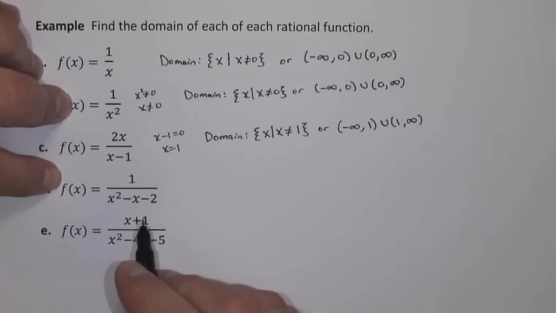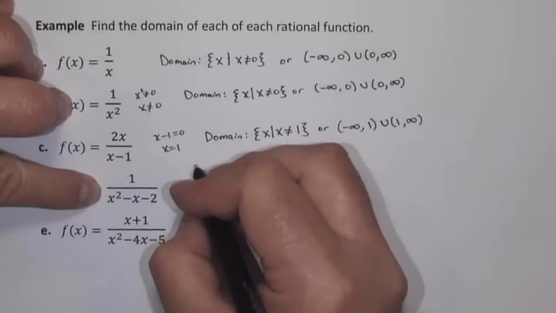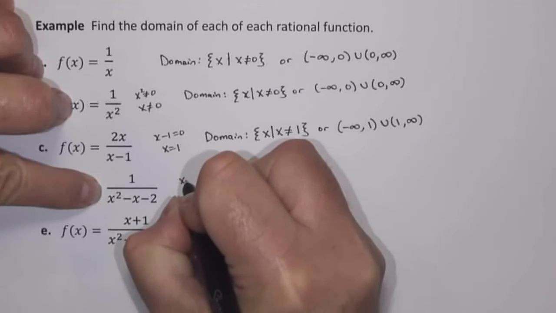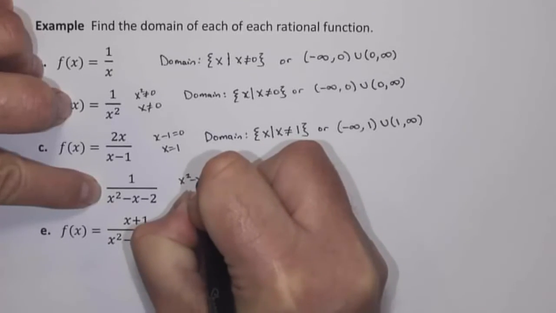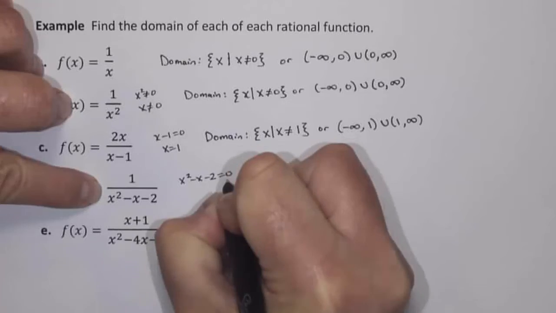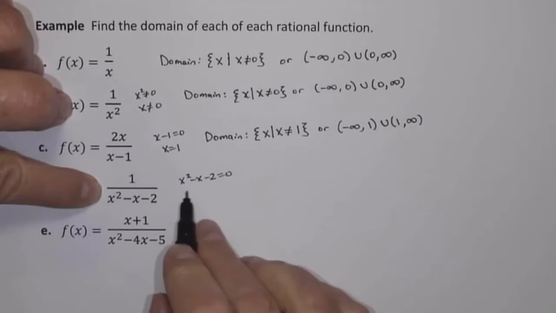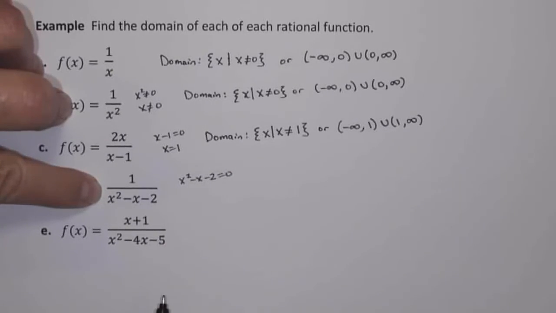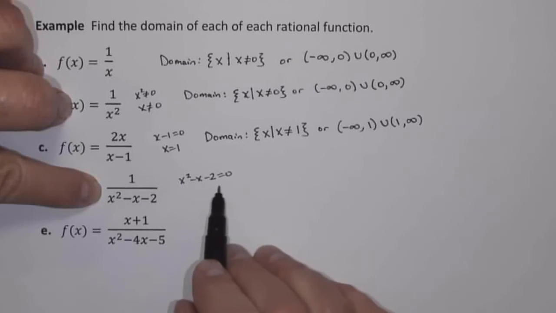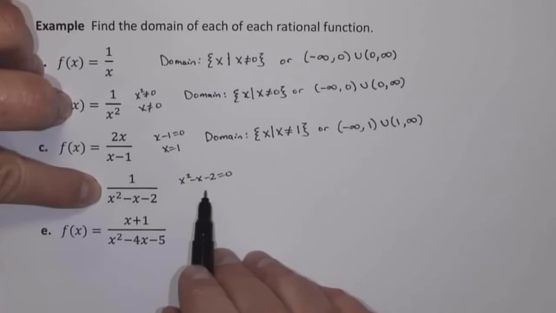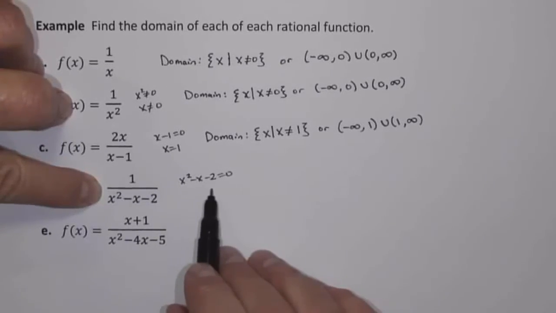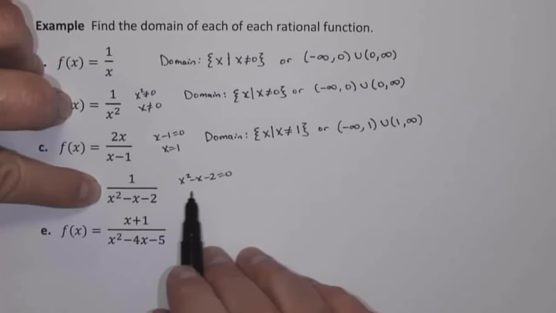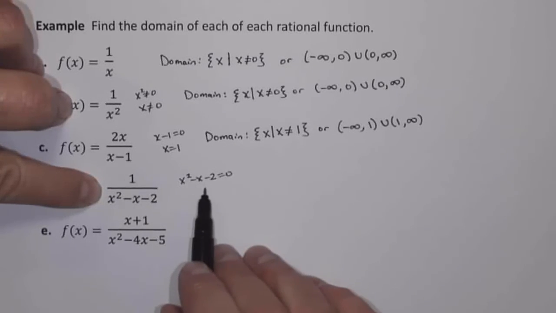Taking a look at part D, we have a little bit more challenging problem here. We have x squared minus x minus 2 that we need to set equal to 0. So that is a quadratic equation that we can solve. Remember, we can solve quadratic equations by factoring if they'll factor, by using the square root principle, or by using the quadratic formula or completing the square.